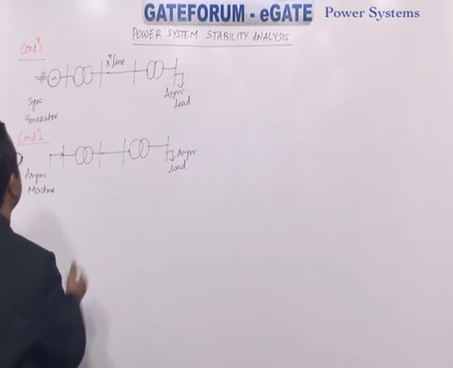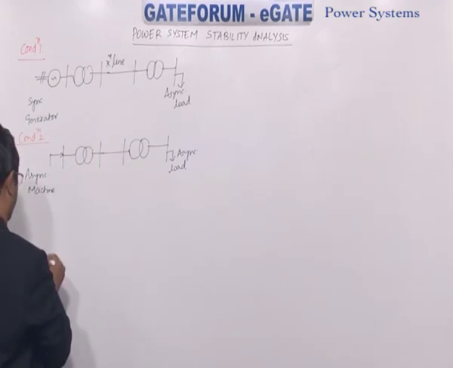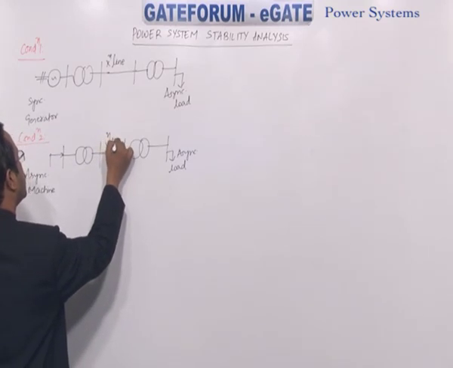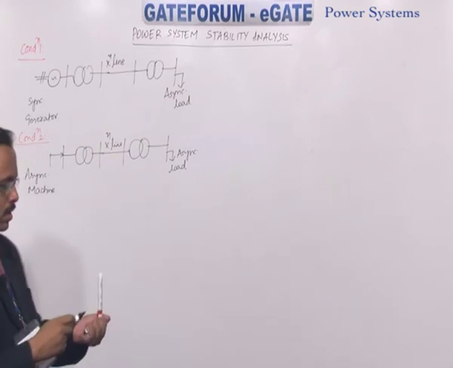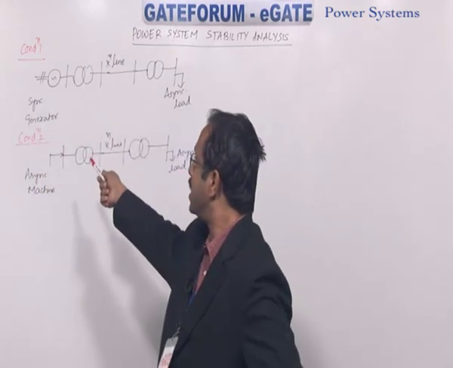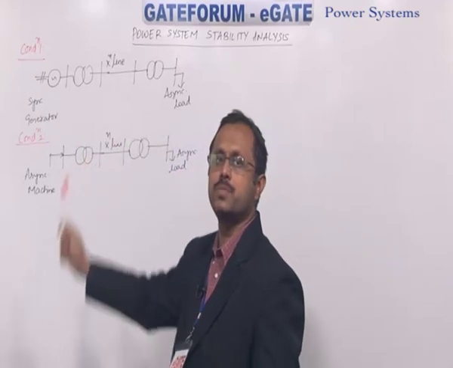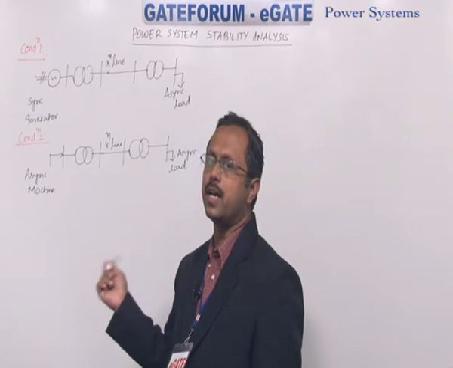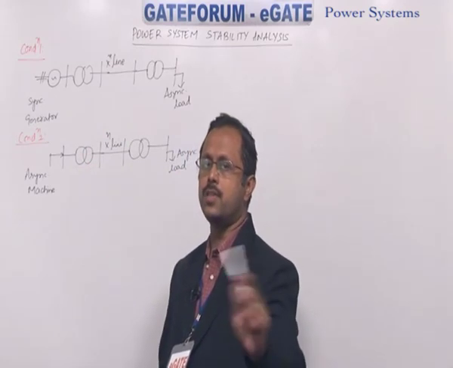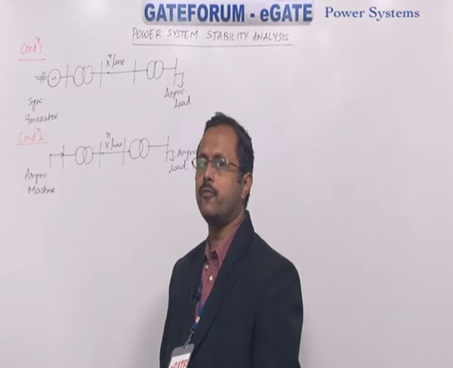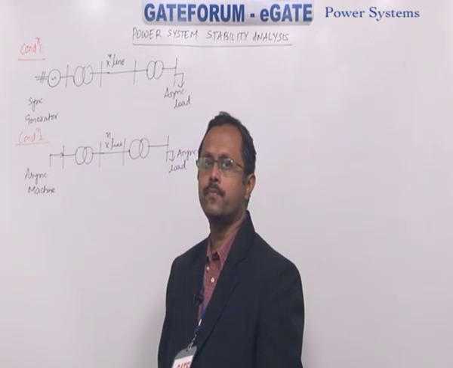Now is this second single line diagram associated with stability? For that you check the source. At the source we have an asynchronous machine. So this single line diagram is not associated with stability.